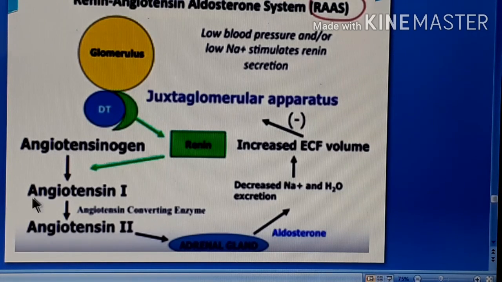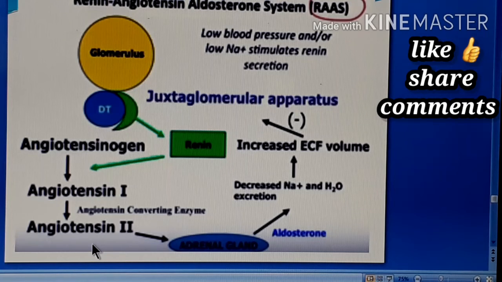Angiotensin 2 also causes the adrenal gland to secrete aldosterone. So there is constriction of the capillaries and arteries, and side by side, it causes the release of aldosterone.